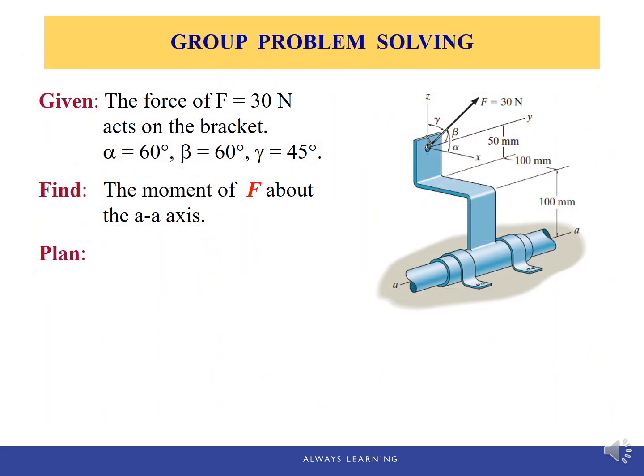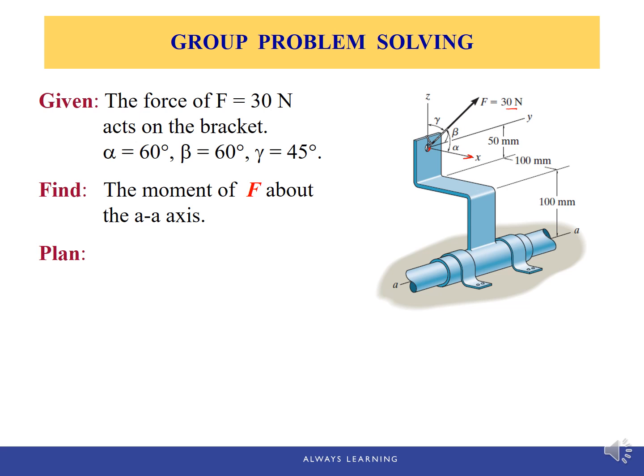Let's take a look at the second example. The second example is very similar to the one we just did. We have a force with a magnitude of 30 Newton given, and also the direction angles are given, alpha, beta, and gamma. Also, the x, y, and z coordinates are set up at this point where the force is applied.